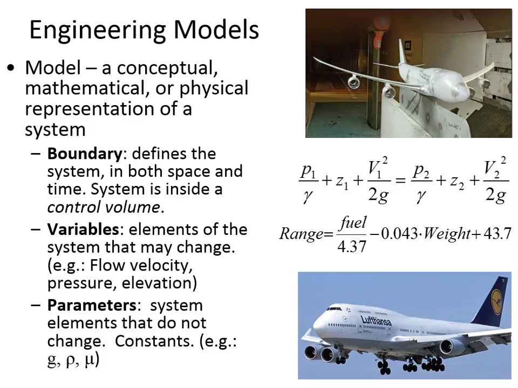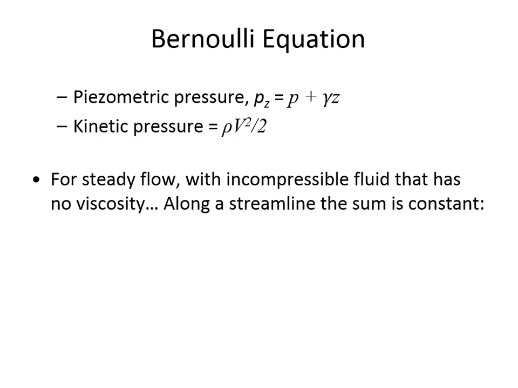Engineering models are important because it's often too expensive to build a full-scale prototype, and so instead of doing that, you're relying on maybe a computer program to predict how a pipe network is going to behave, or you're relying on a physical model in a wind tunnel to shape a new wing to look for ways to increase fuel efficiency. Bernoulli's equation is very useful in modeling.